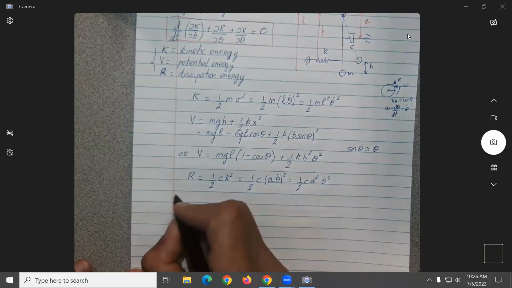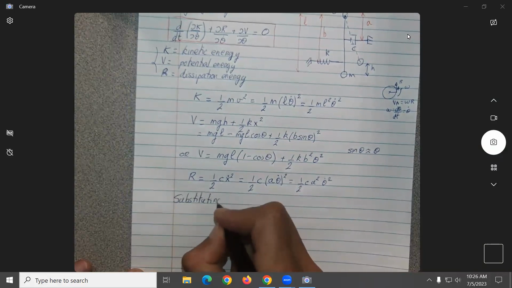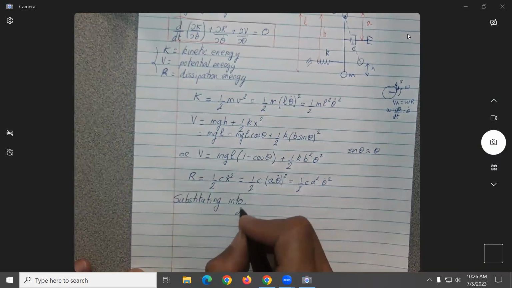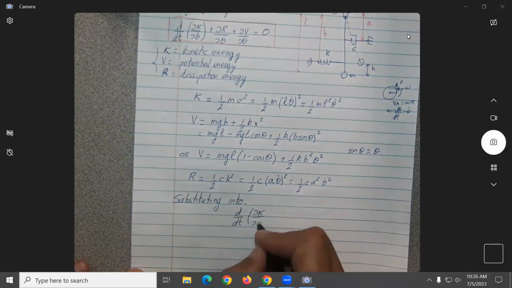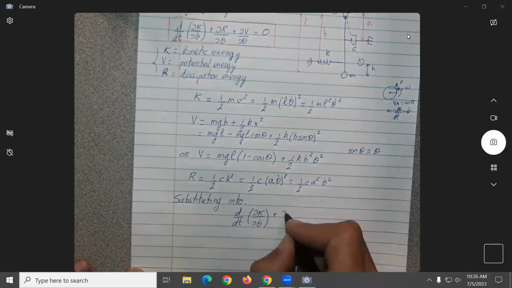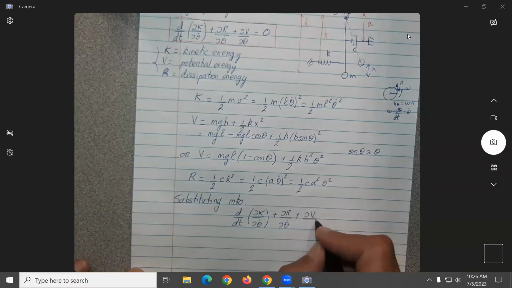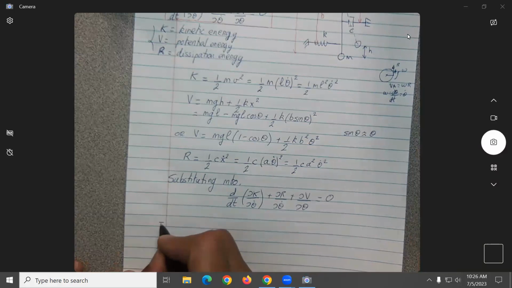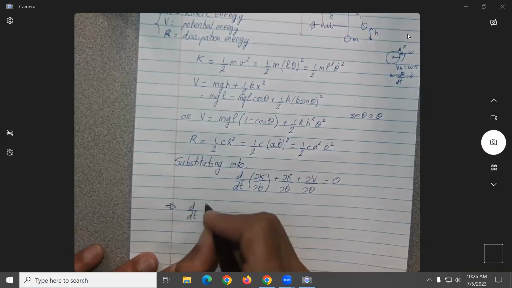Okay, so now we go substituting. Let me just rewrite the equation: d/dt of partial k partial theta dot, plus partial R partial theta dot, plus partial V partial theta equal to 0. So let's do this slowly. What will be the first term that we get over here?